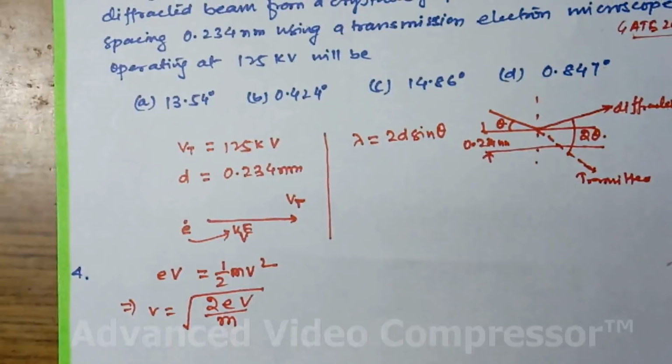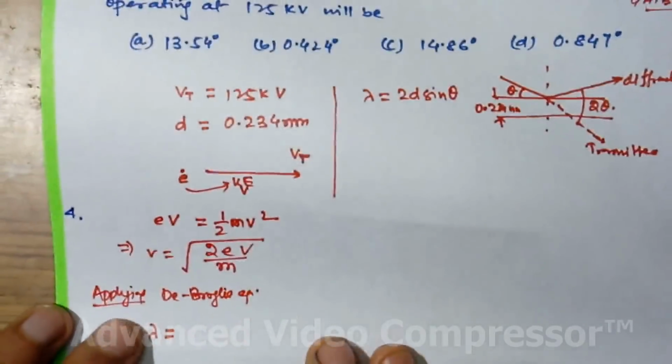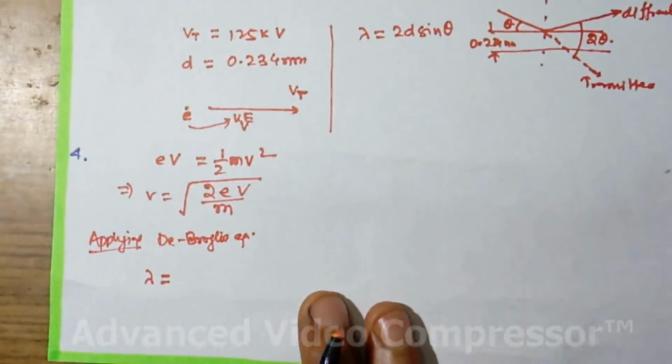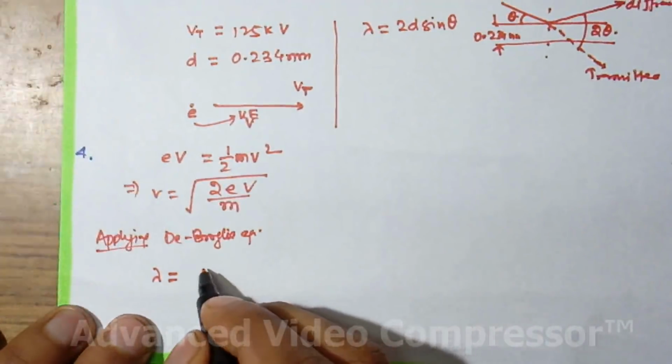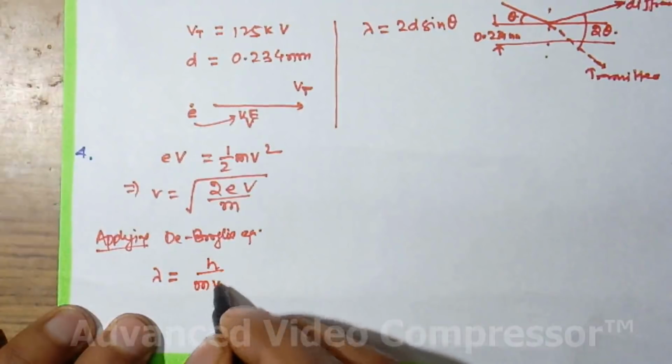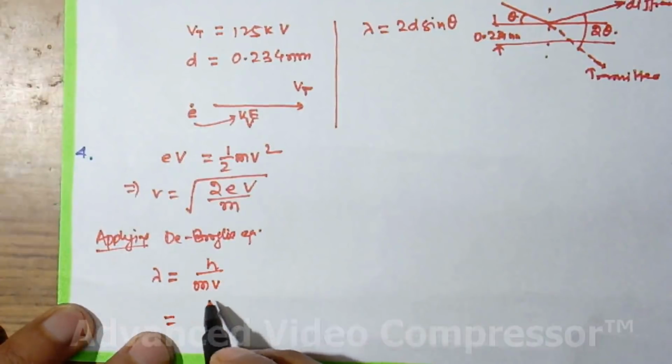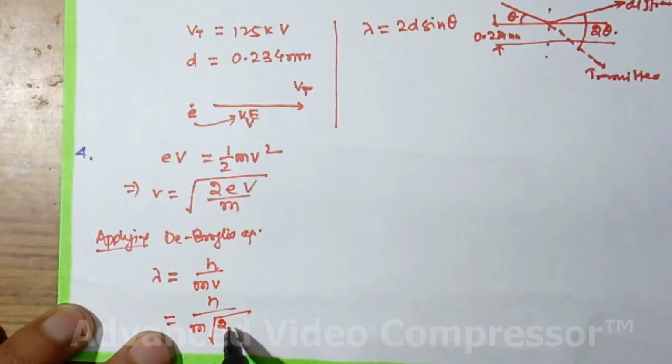And applying the de Broglie equation. What is the de Broglie equation? De Broglie equation gives the relation between lambda and the velocity of the electron. So lambda is equal to h by mv, equal to h by m into the square root of 2eV by m.